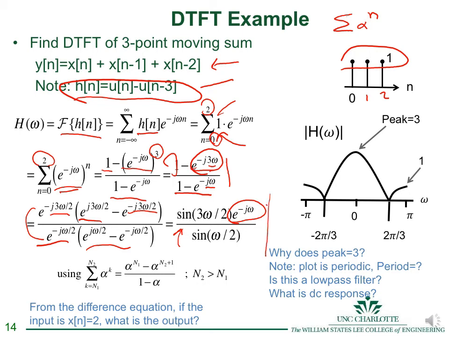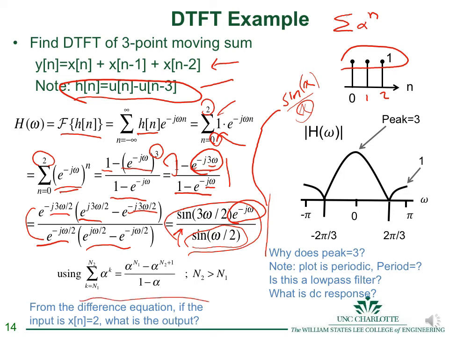It looks a lot like a sine of x over x type sinc function, except in the denominator, instead of x, we have another sine. And as we saw, the discrete time Fourier transform is periodic, and so it should not be a surprise that both the numerator and the denominator are periodic functions, so the whole function will be periodic. So again, we use the summation formula in arriving at this result.